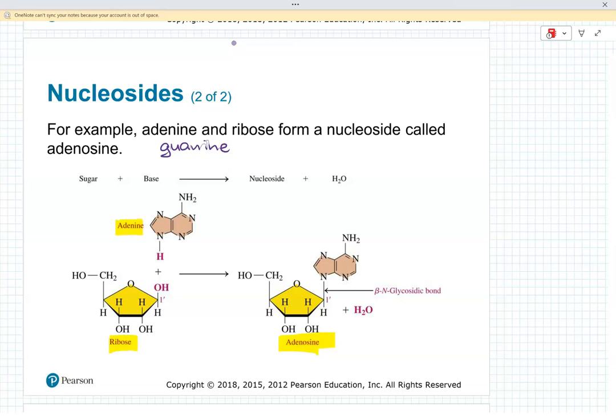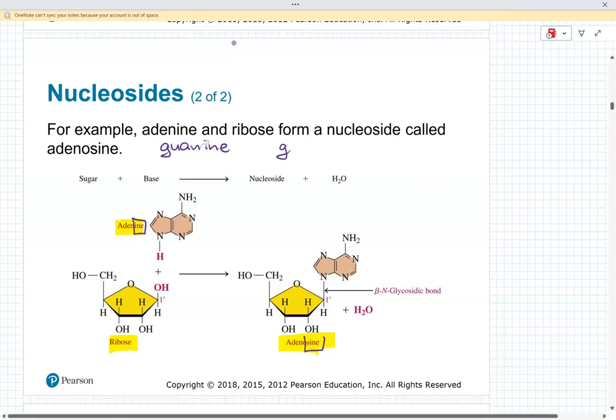If adenine becomes adenosine, guanine becomes, okay, you change ine to osine. So, guanosine, yes. Okay, makes sense?